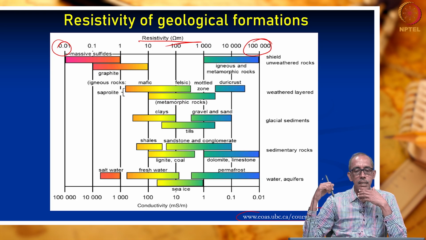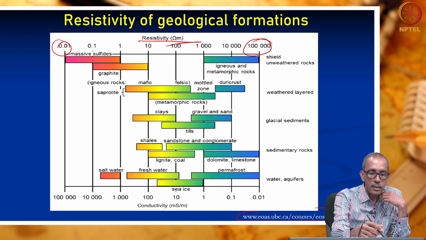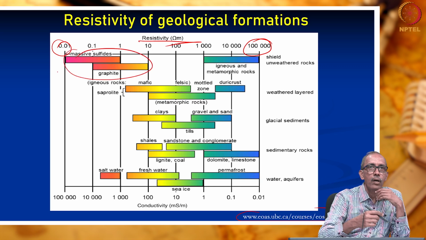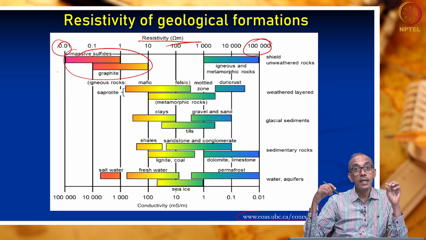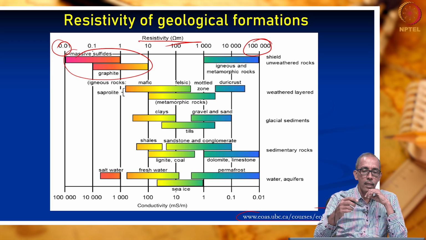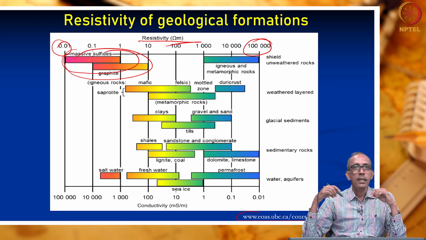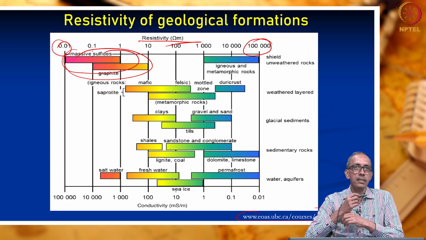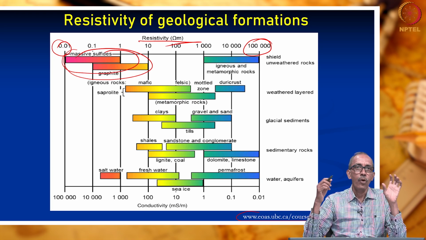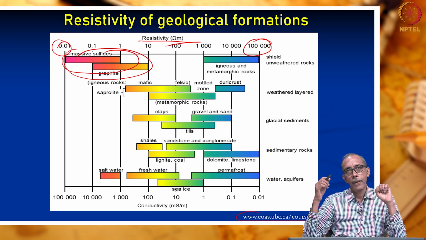As we were discussing previously, what are all the factors that control the resistivity? We had seen the role of porosity as well as the intrinsic resistivity of the material. As you can see here, the metallic sulfides have the lowest resistivity.